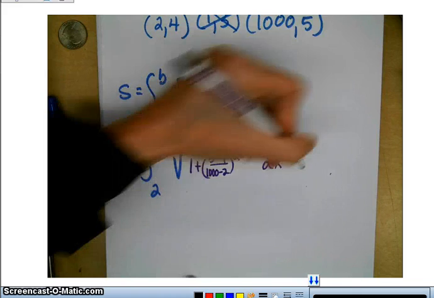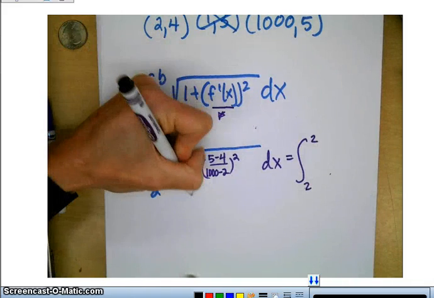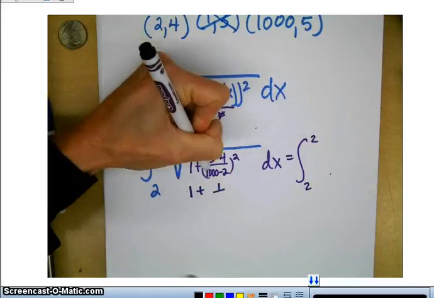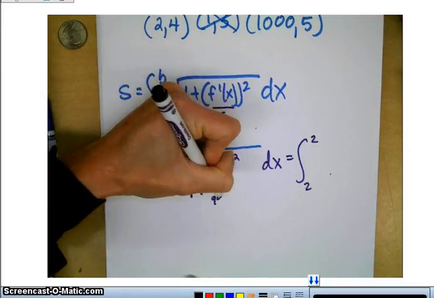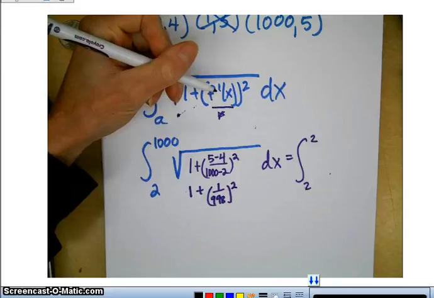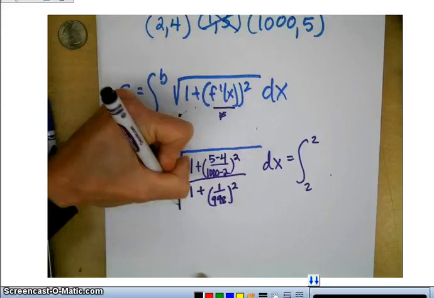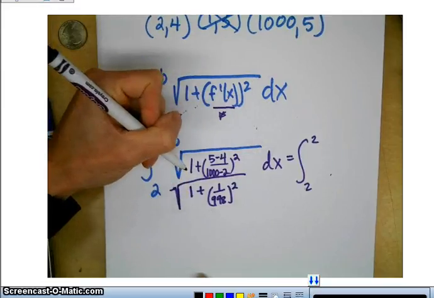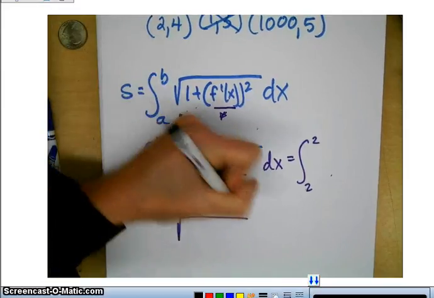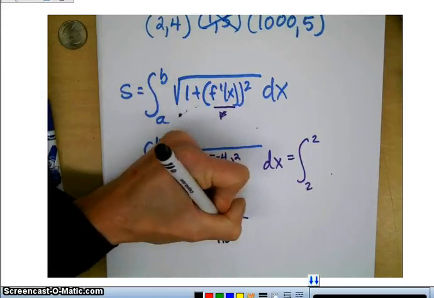All right, so it's not too bad. 5 minus 4 is 1 over 998 squared. Okay, so how am I going to kind of simplify what's underneath here? Well, 1 squared is 1, 998 squared would be on the bottom here.